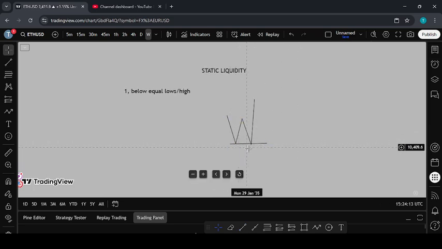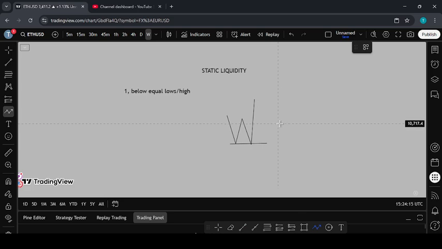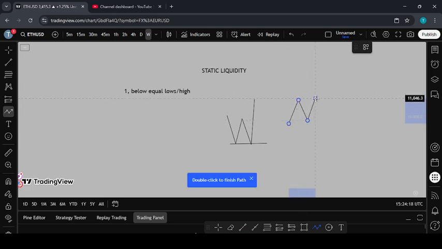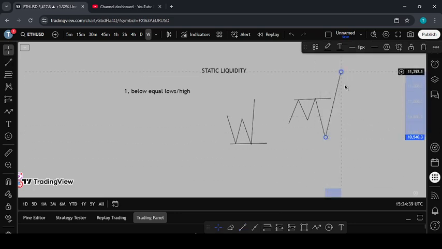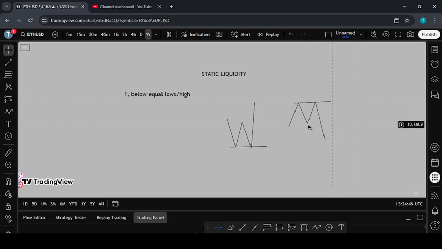These are equal lows. They are chart patterns, double bottom chart patterns, which we use as reversal patterns. When the market creates a double bottom or a double top, those areas are liquidity pool zones. Lots of money is resting at this area, and you discover that most times price will come and take them out right before a continuation in the proper direction where price wants to go. So, equal lows, equal highs.